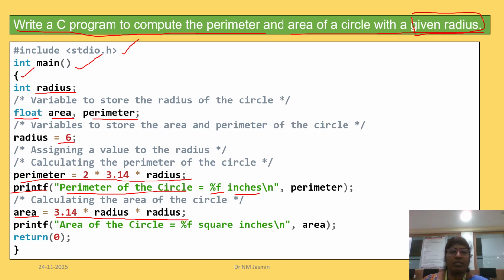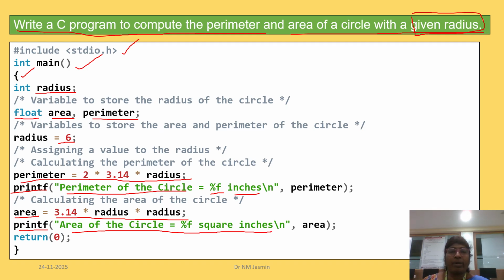Follow this expression and calculate the area. Next, print the result as area of the circle is equal to, this is also in float, and the units are square inches. Return 0 and close with the curly bracket.